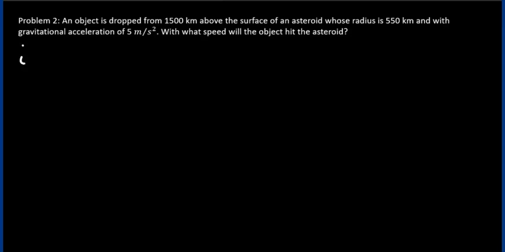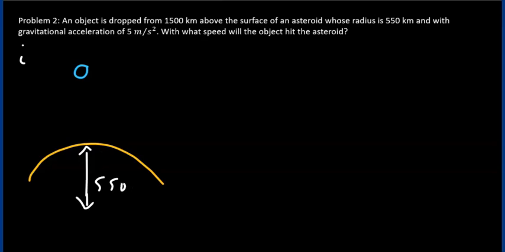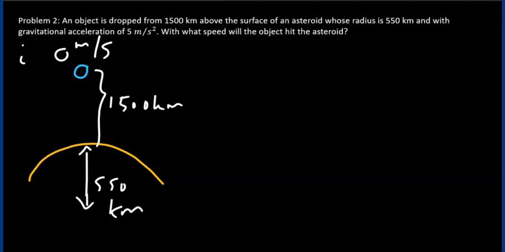So the initial state: let's assume that is the asteroid, and the object is right here. The radius of the asteroid is 550 kilometers, and this distance here is 1500 kilometers, and the object is not moving, so it's being dropped from rest.